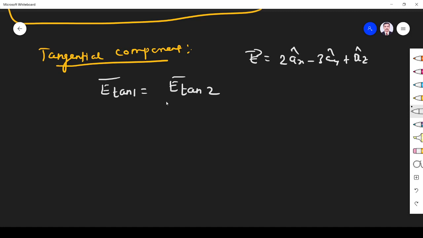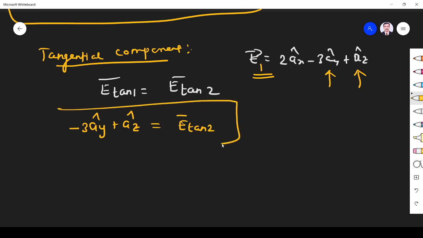I told you the tangential components are y and z, so for medium 1 the tangential component is minus 3ay plus az. That is the tangential component of medium 2 also.